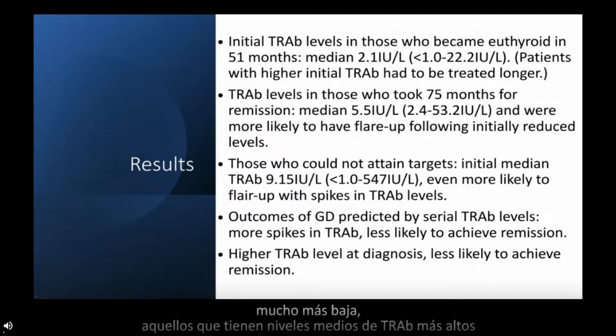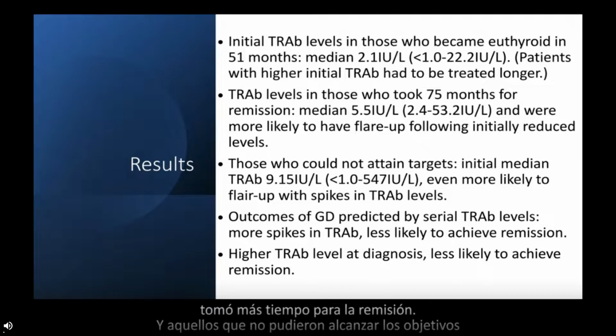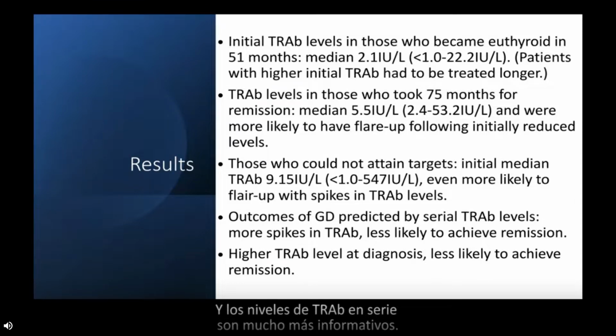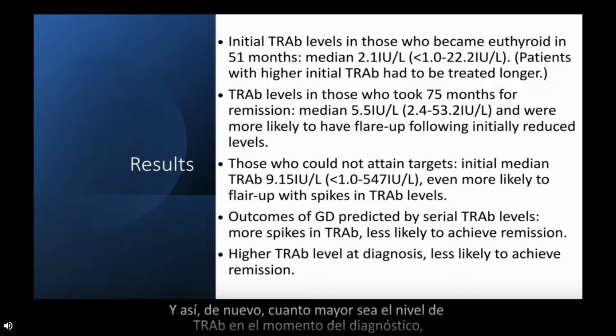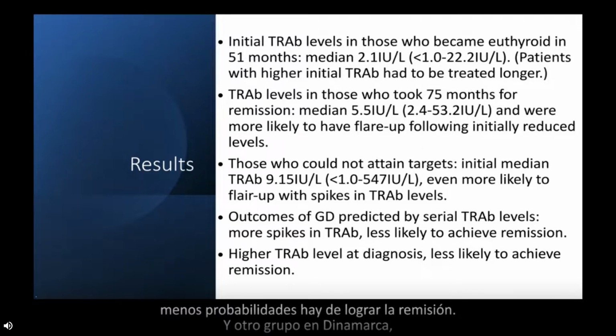Those that have higher median TRAB levels took longer time for remission. And those who could not attain targets with very high initial levels are more likely for flare-ups, and serial TRAB levels are much more informative. And so, again, the higher the TRAB level at diagnosis, the less likely to achieve remission.